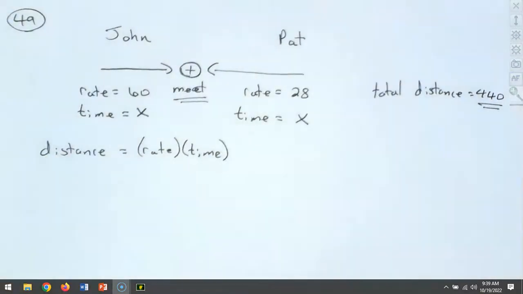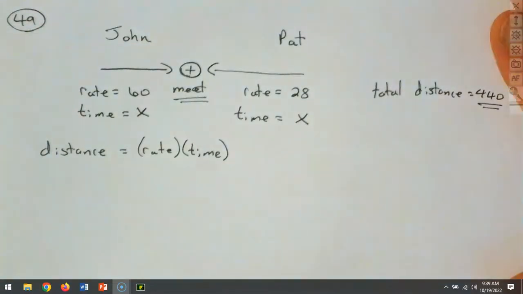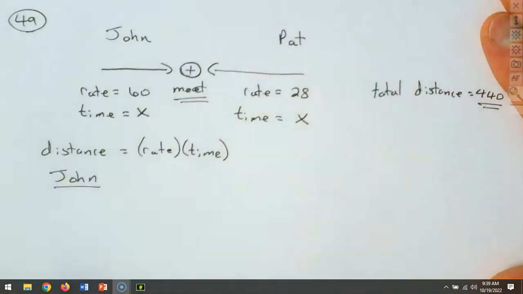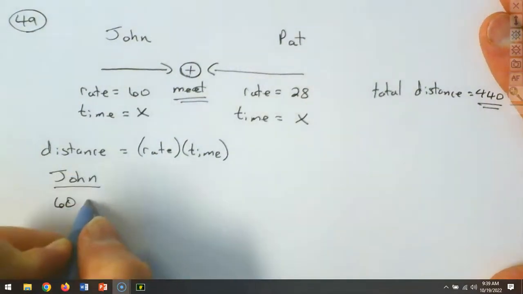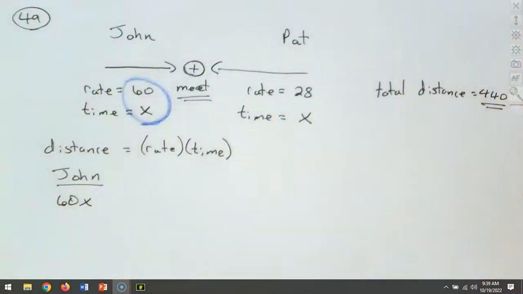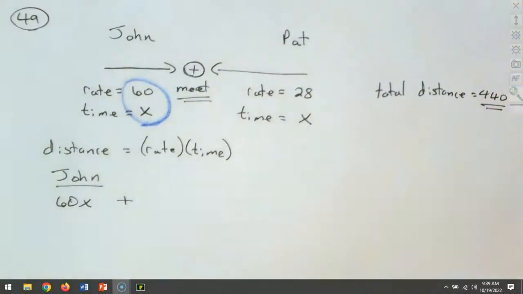Okay, rate times time. Let's look at John first. And John is 60x, right? Those get multiplied together. Is everyone okay with that so far? We're going to add Pat to that.